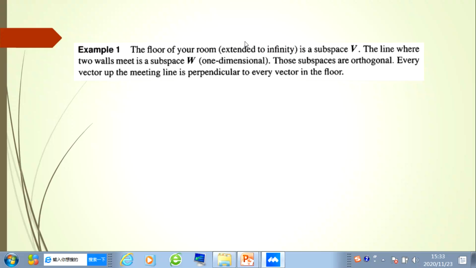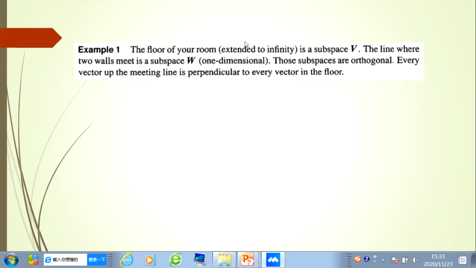This plane is a plane in three-dimensional space, because we are living in a 3D space, right? This is a plane in 3D space, and this line where the two walls meet is also a line in three-dimensional space, and this line is up to this floor.